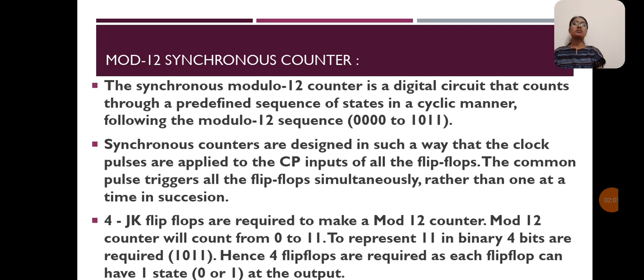The common pulse triggers all the flip-flops simultaneously rather than one at a time in succession. 4 JK flip-flops are required to make a Mod 12 counter. A Mod 12 counter will count from 0 to 11. To represent 11 in binary, 4 bits are required, 1011. Hence, 4 flip-flops are required as each flip-flop can have a state 0 or 1 at the output.